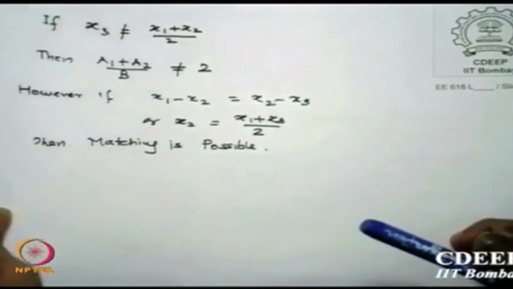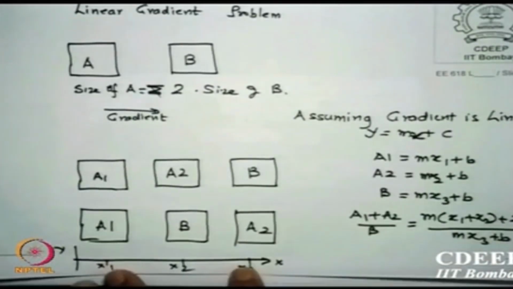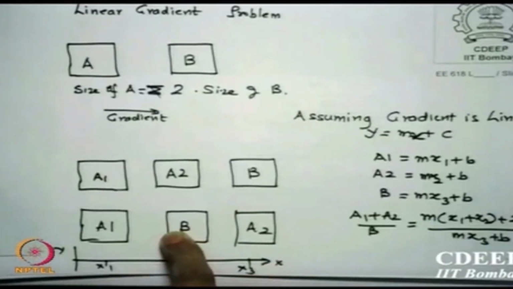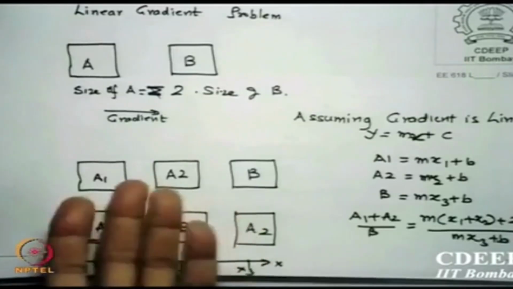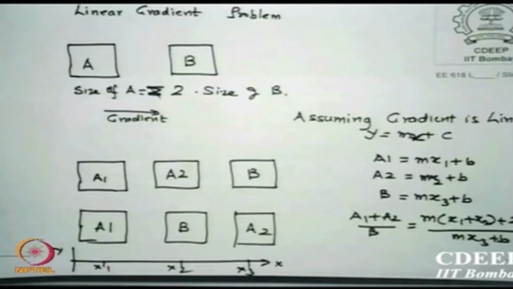If I do this, x1 plus x3 by 2 and put b here, a1, a2 is across this, similarly a2 should come on the other side and a again. So this is called common centroid, okay, this is called common centroid.